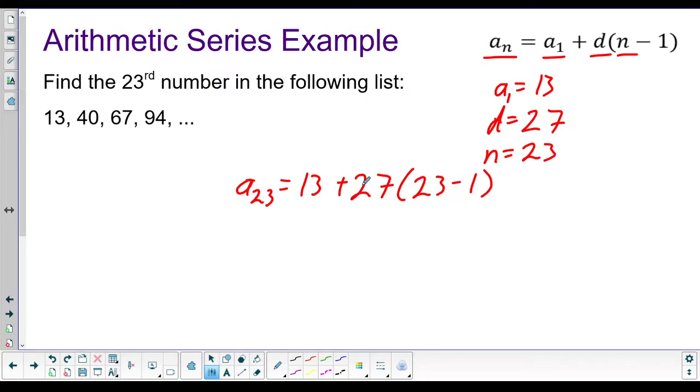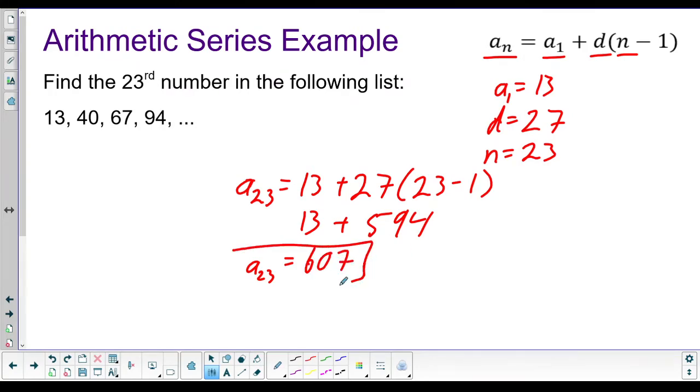So 22 times 27 is 594 plus 13. So A23 is equal to 607. And there you go. So if you go 23 numbers out in that list, the number there will be 607, in case you cared. Not that you asked, but you know. So there you go, pretty easy.